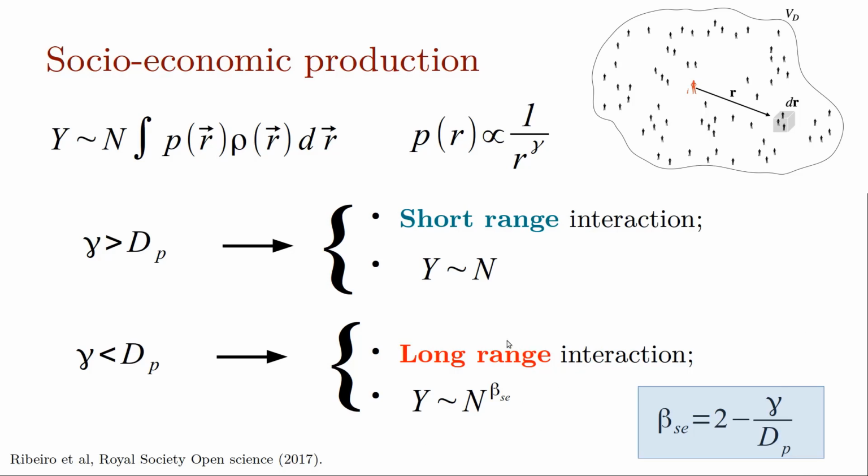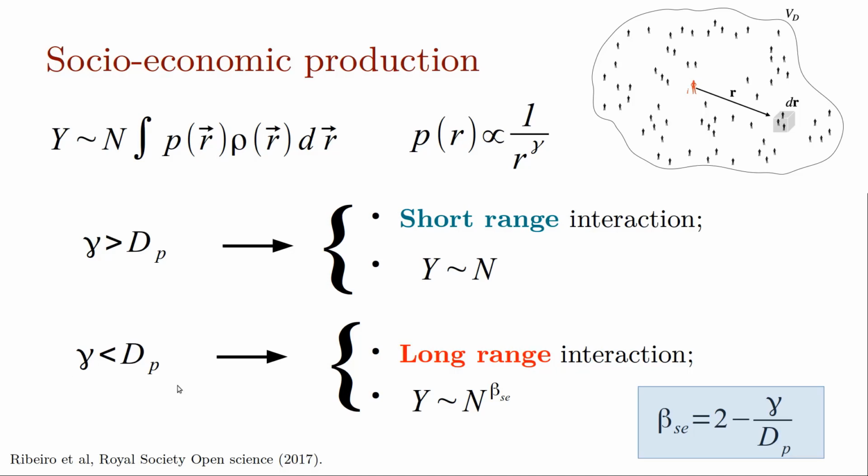That means that the gamma, the parameter that governs the range of interaction, must be sufficiently small, and sufficiently small according to the fractal dimension of the distribution of the population.